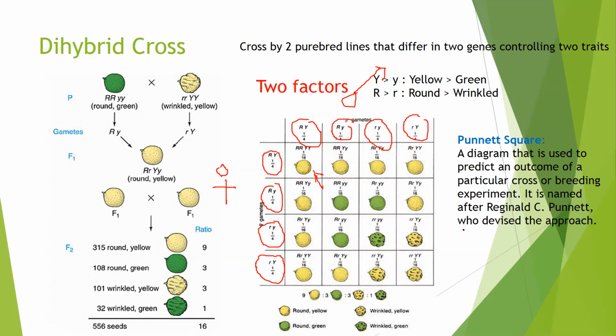For F2 progeny. But if you look at the phenotype, there are actually only 4 phenotypes here. So the first one is round yellow, the second one is round green, third one is wrinkled yellow, and wrinkled green.